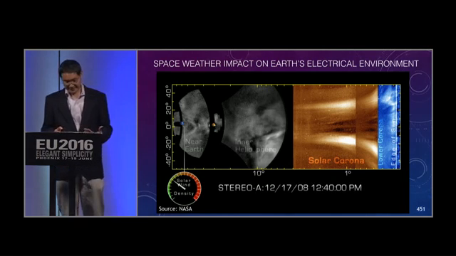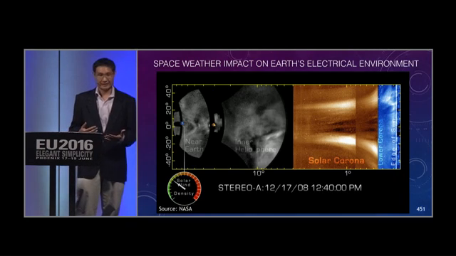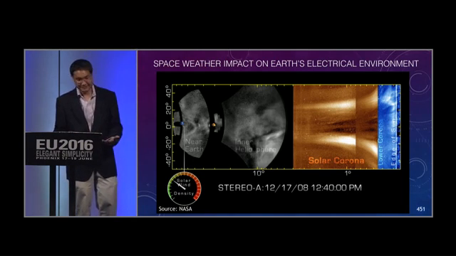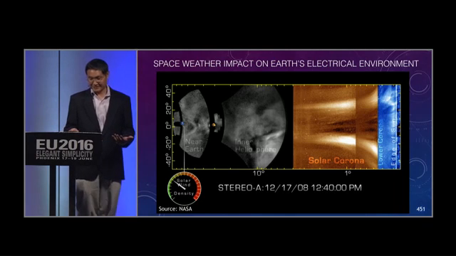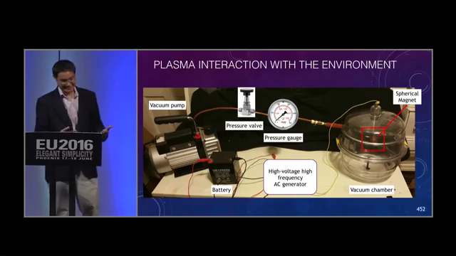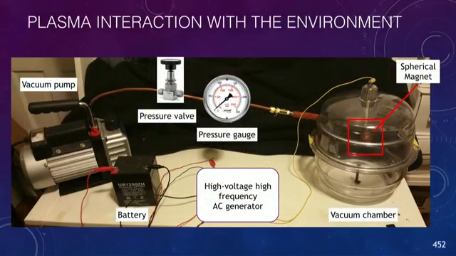And next, if you want to study the interaction between the surrounding plasma and the Earth, we have to conduct an experiment. One of the simple experiments that I've done at home, which is really simple, consists of a vacuum chamber, connected to a pipe containing a pressure gauge, pressure valve, and vacuum pump.